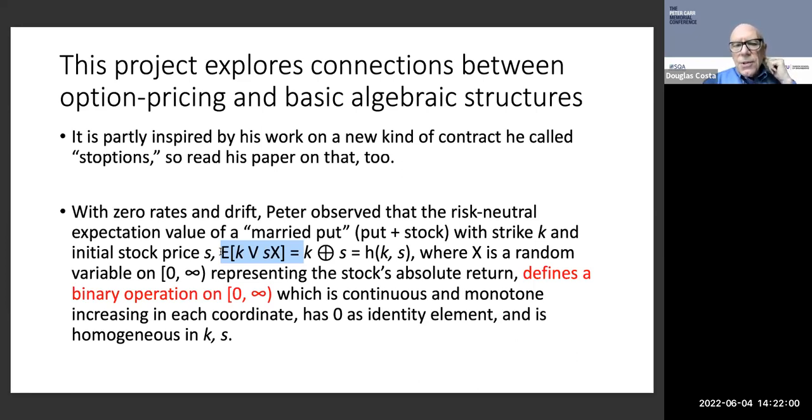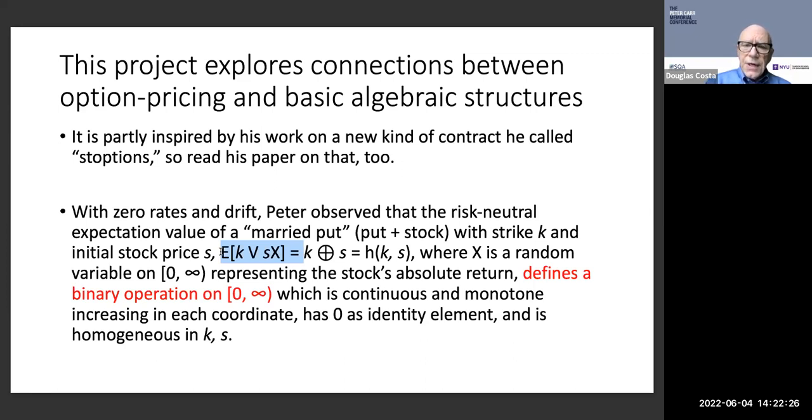So notice it defines a binary operation, and notice looking at that expectation using elementary properties of expectation, that under reasonable assumptions about the continuity and support of the distribution underlying it, this function will be continuous in both coordinates, monotone increasing. 0 is a two-sided identity element.